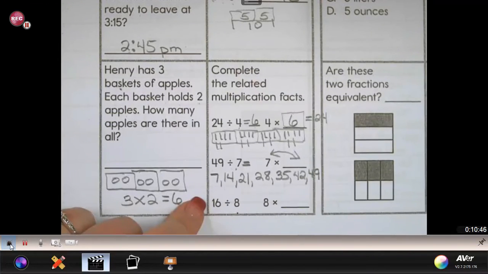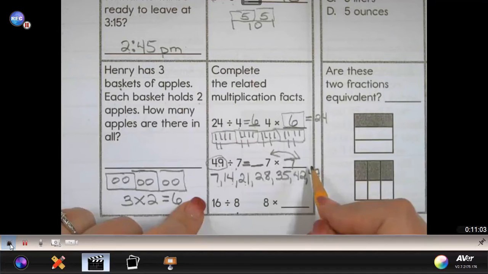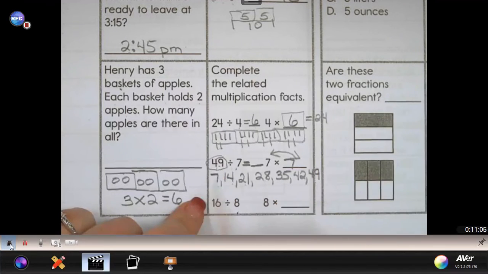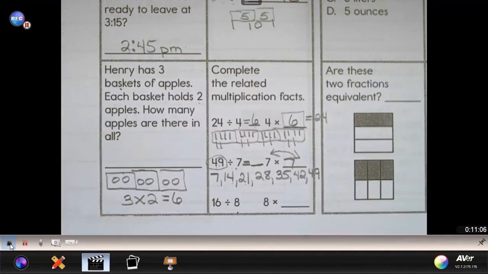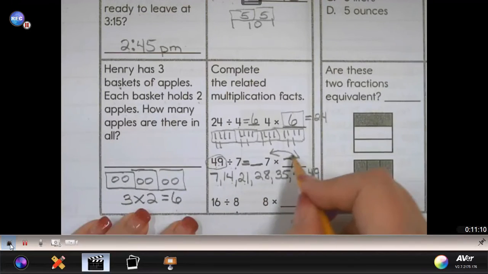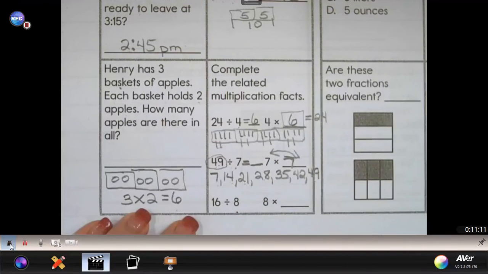So how many groups of 7 did I use to make these total of up to 49? So 1, 2, 3, 4, 5, 6, 7. So 7 groups of 7 is going to give me what I started with in my division equation, which is 49. So my missing factor here is going to be 7.